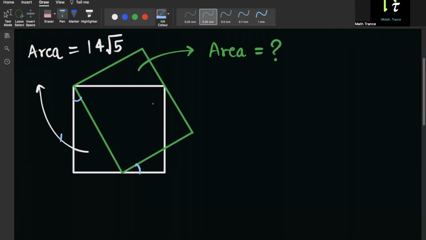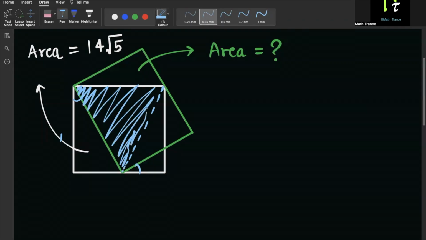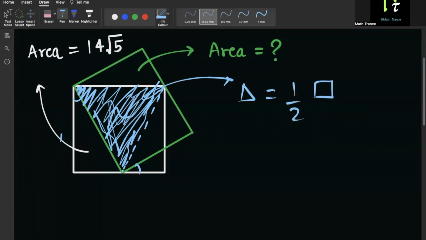So there's this genius construction. If you join these two vertices, notice this area. First look at this area in the given square. This area corresponds to the area of a triangle, which is equal to half of the area of the square.